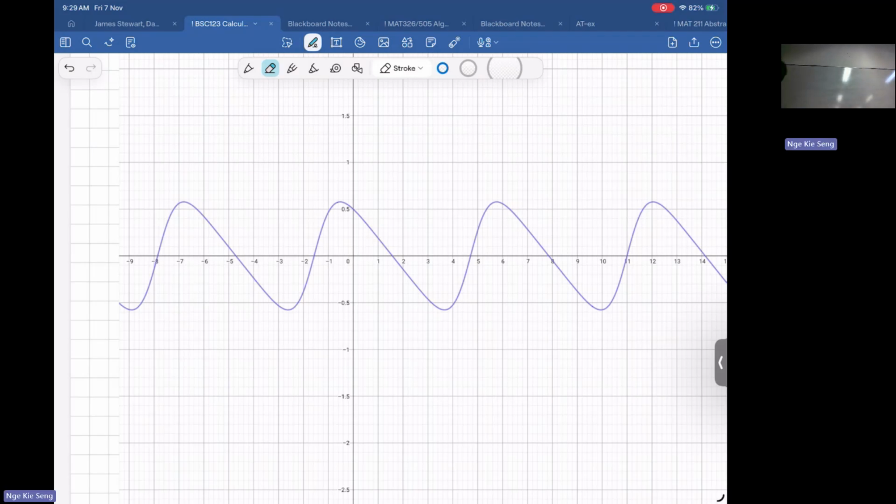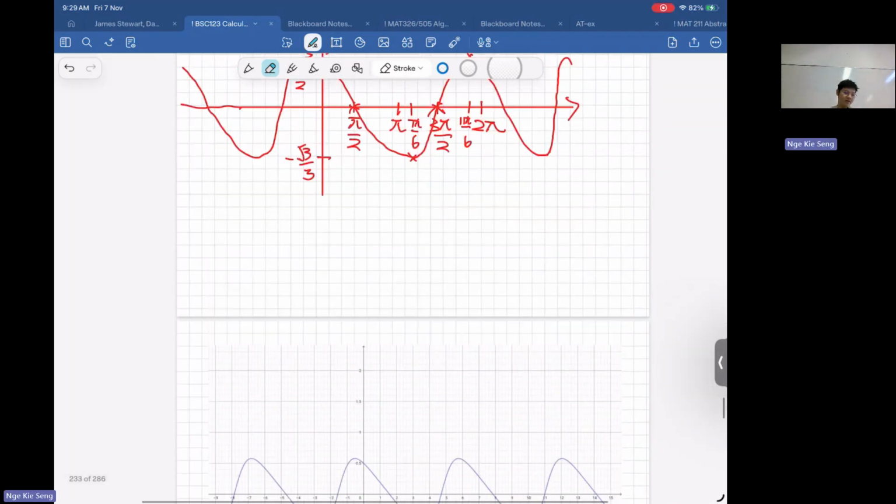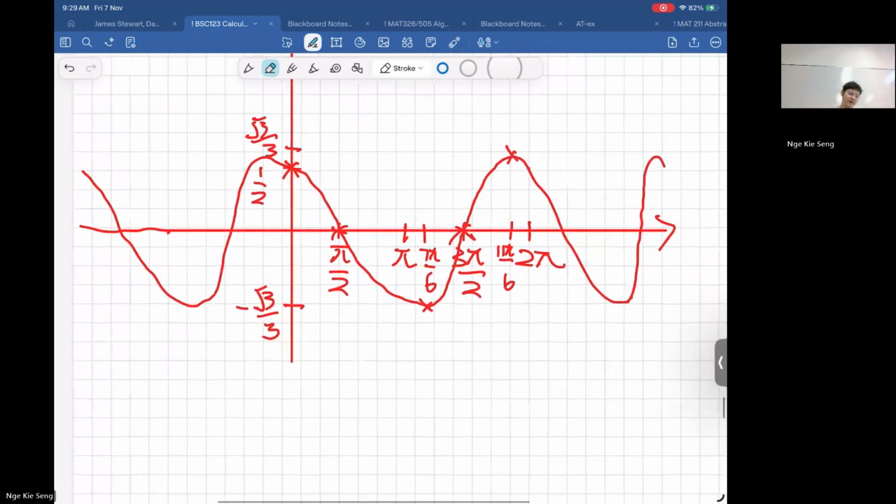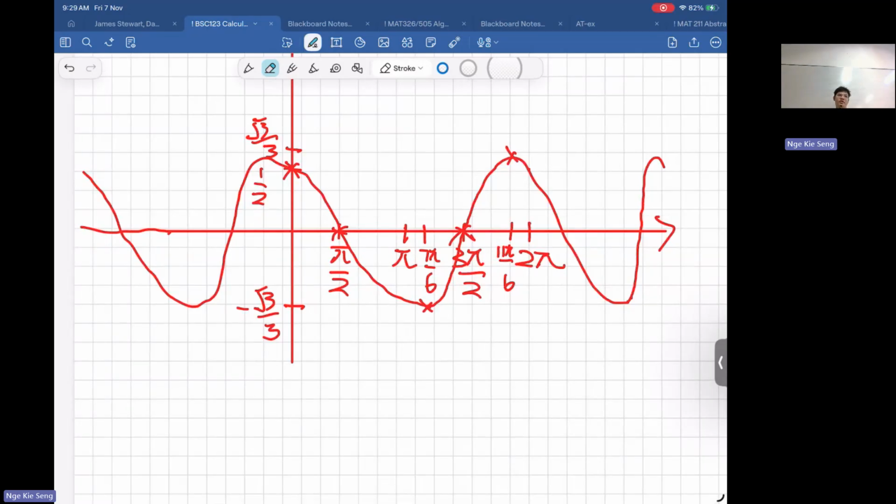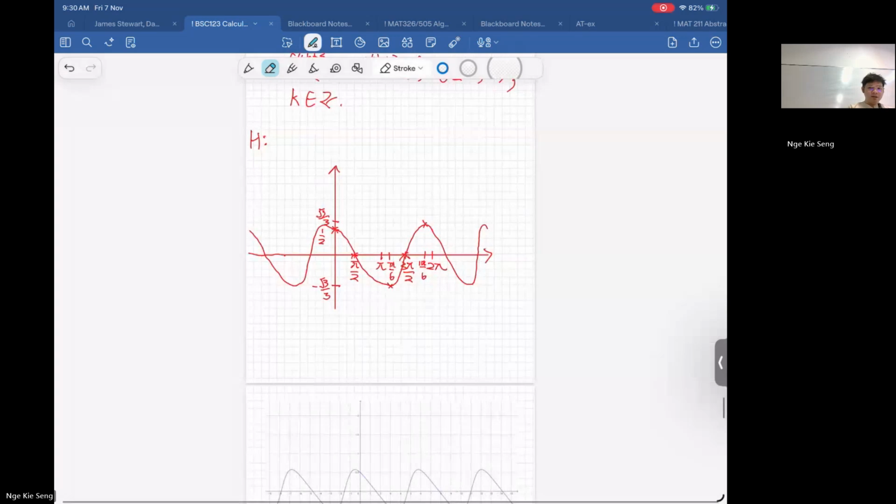So without using software or computer, you can actually guess the shape already. Any questions so far? No. Okay. If no question, then we'll go to application questions.